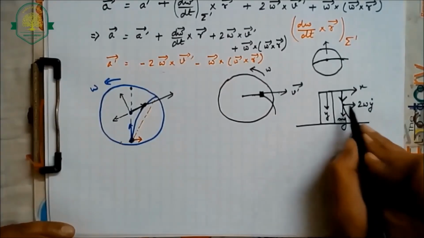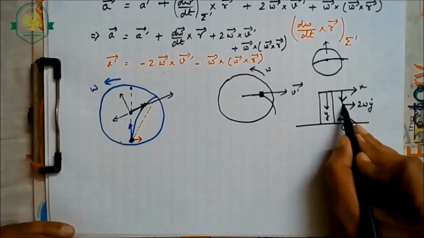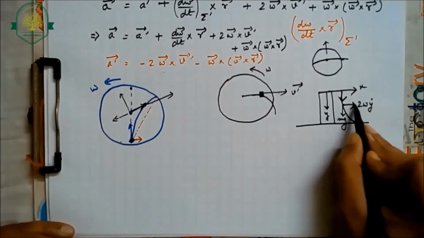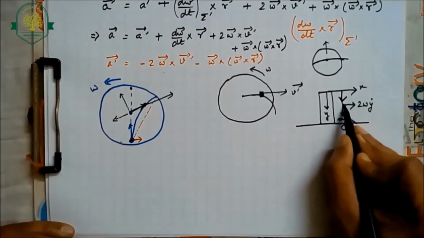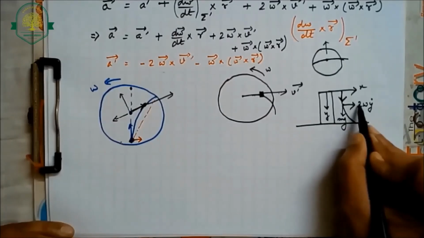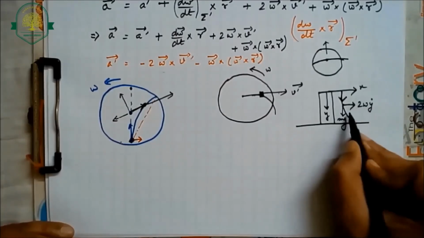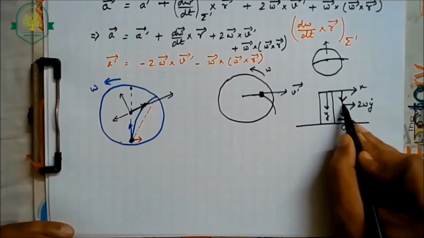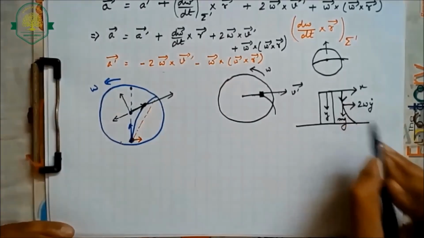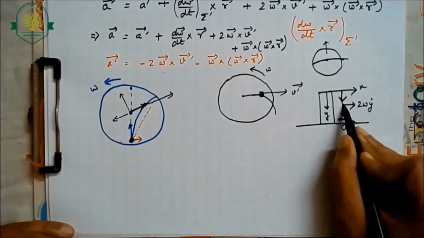So we can also say that as this Coriolis force acts on the ball in this direction, the ball gains a velocity in this direction, due to which another Coriolis force will be acting on the ball, and if you try to figure it out, you will see that that Coriolis force will be in the vertically upward direction, but that will be extremely small, so we can ignore that effect.